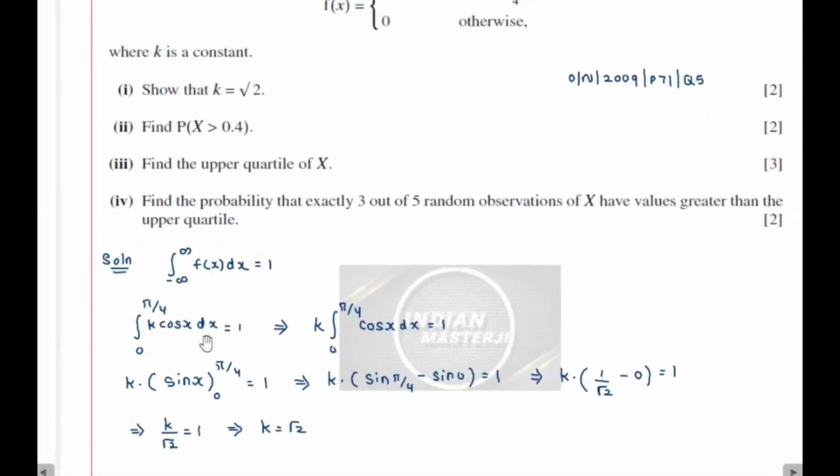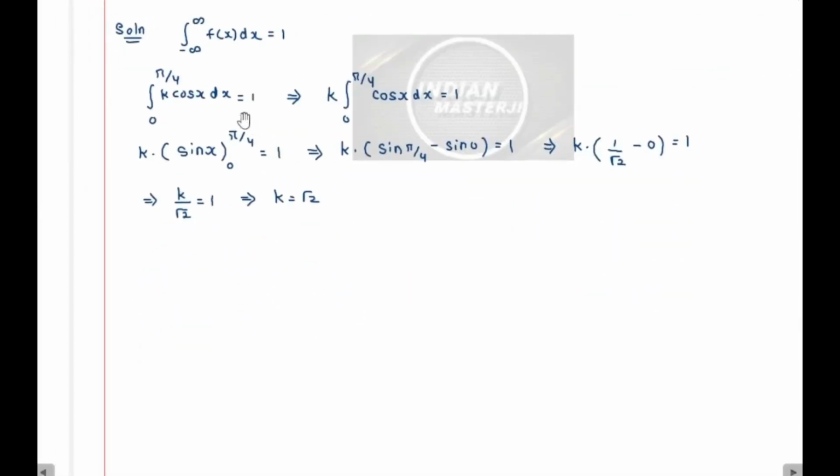So we are done with the first part of the question. So that means f of x is equal to root 2 cos x for the interval x lying between 0 to pi by 4, and this is equal to 0 otherwise.